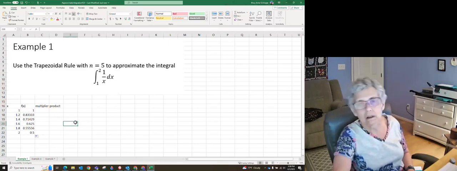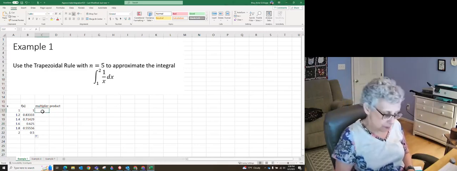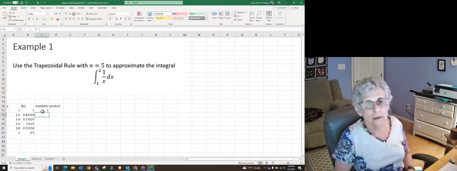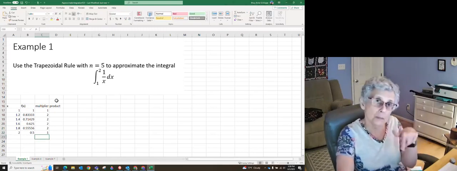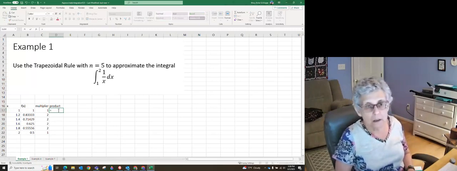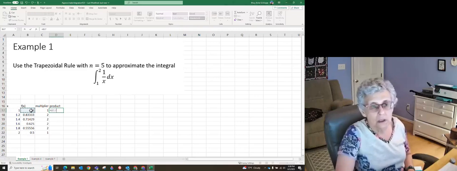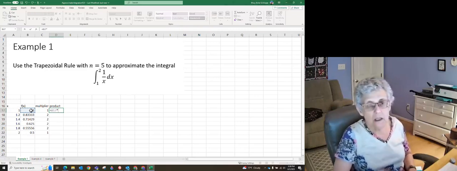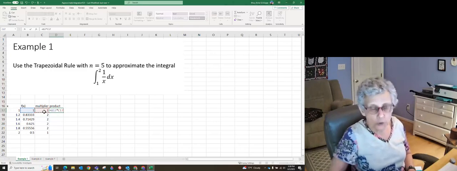And it calculates all of those for me. My multipliers are 1, 2, 2, 2, 2, 1, because that's what I multiply each of those terms by. And then this is the product, equals f of x times the multiplier.